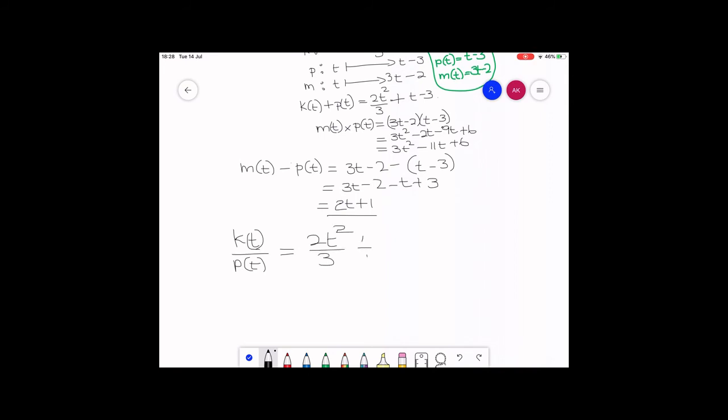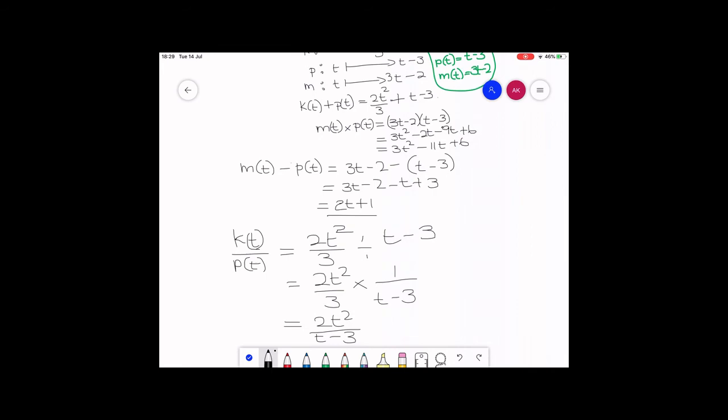We want to divide it by our p(t), which is t minus 3. Please take note, division changes to multiplication and you flip. So this is 2t squared over 3 multiplied by 1 over t minus 3. And to simplify this, we get 2t squared over t minus 3. So we can play around with our functions.